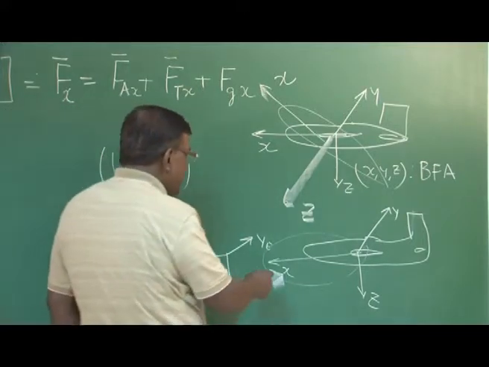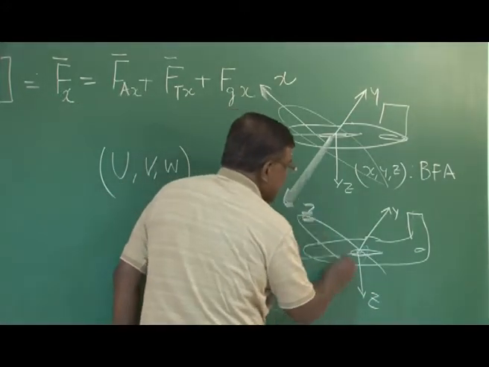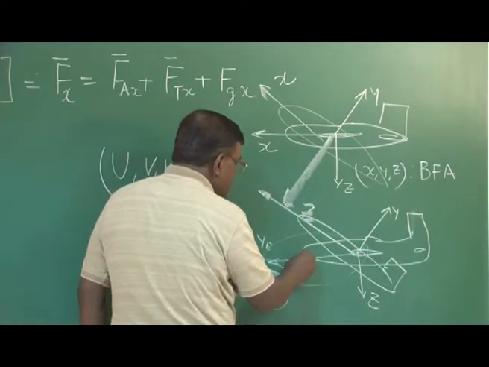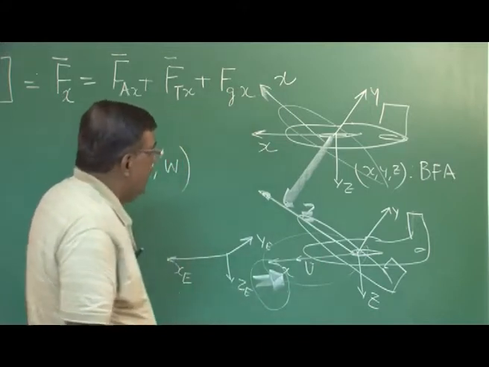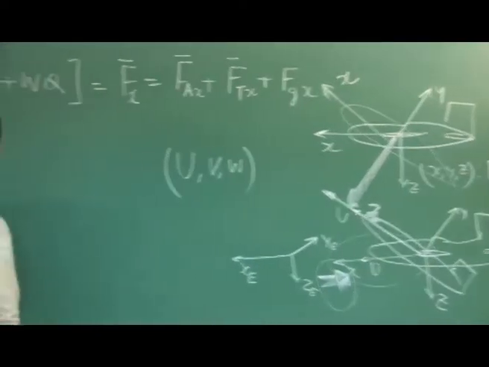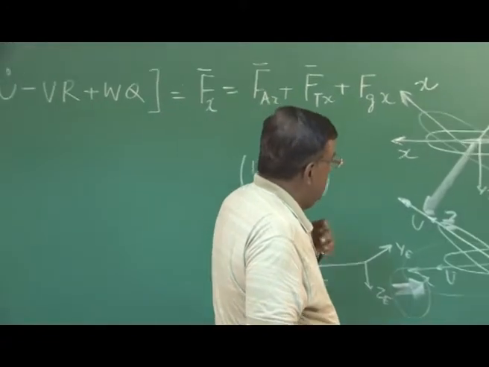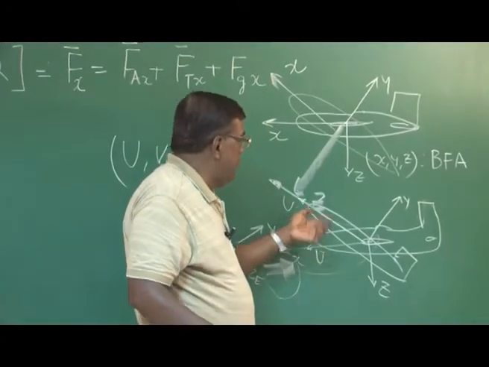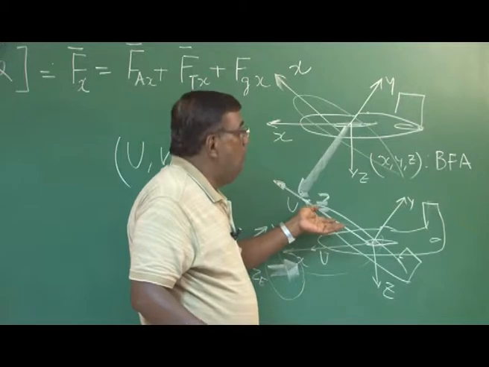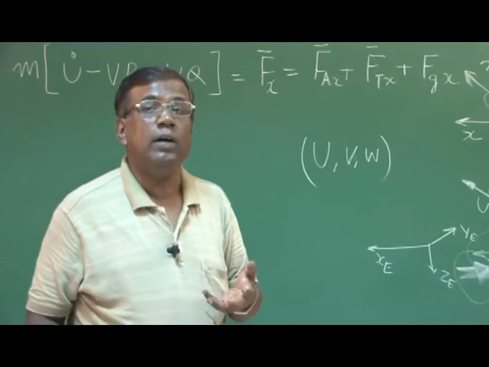But if we don't change this and the body changes its orientation, then earlier u was this one, now u will be along x direction, local x, so this will be u. So if I want to write m u dot and all this equation, then F x or F aerodynamics x will be the component of this force along this direction. So it will change. How it will change? It will change depending upon what is the orientation of the body fixed x, y, z axis. So I am using the word orientation.